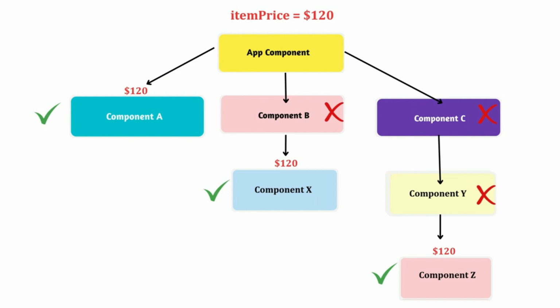So, in this scenario, component B, C, and Y are called props carriers. They do not make use of the props, but they help to carry the props to the required components of concern. So, the process of passing props through the nested components is called props drilling.